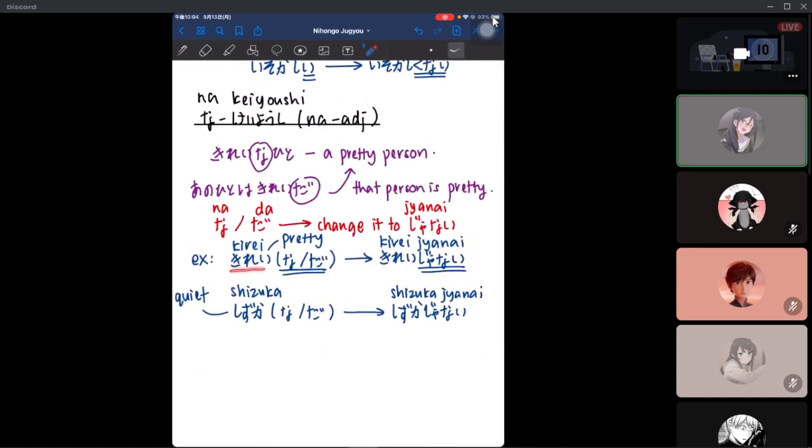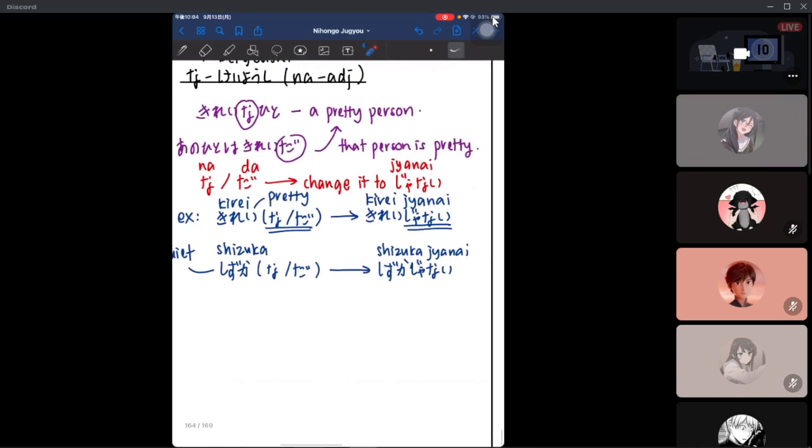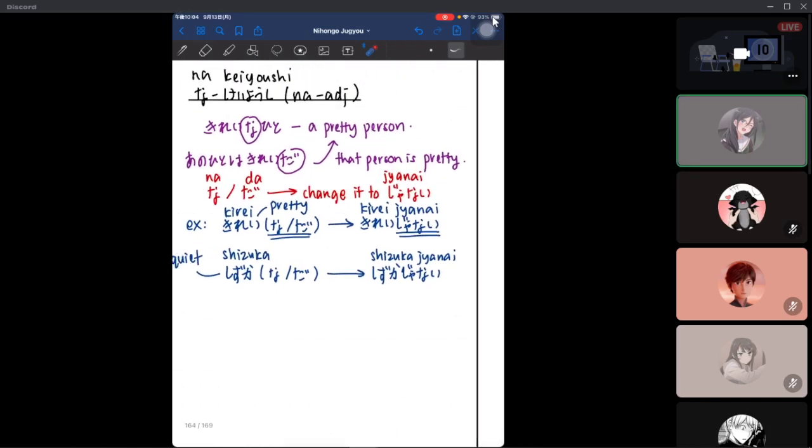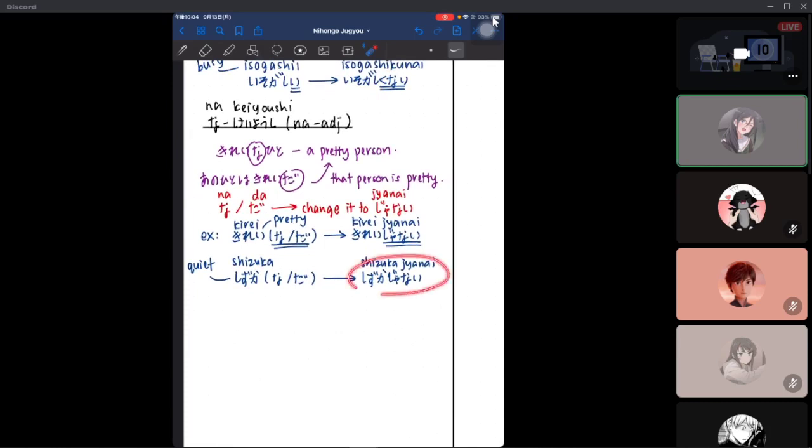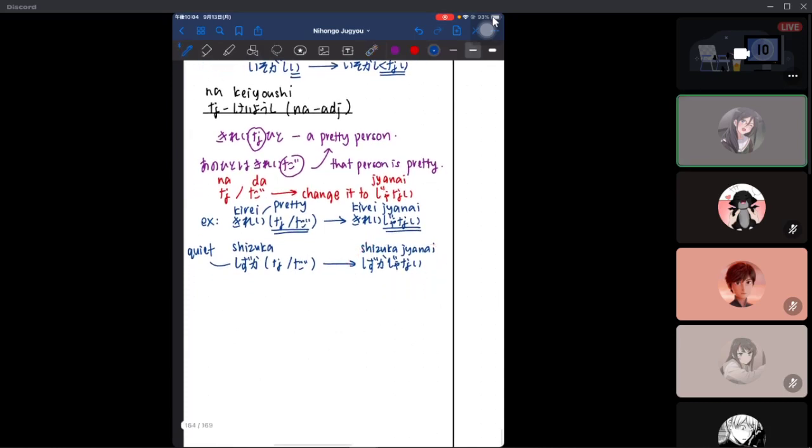Even though it ends with i, it's actually a na adjective. So you have to be careful. It's more about memorizing the vocabulary we learn at the start of each chapter. So Shizuka becomes Shizuka janai. That is the na adjective.